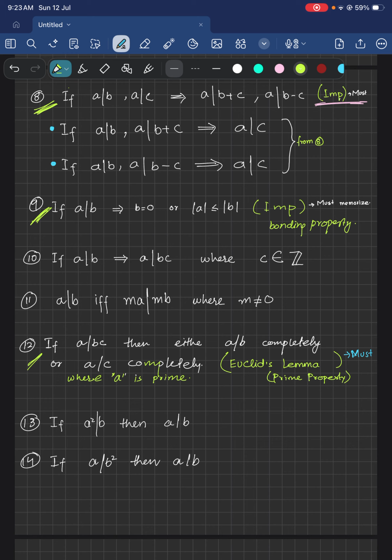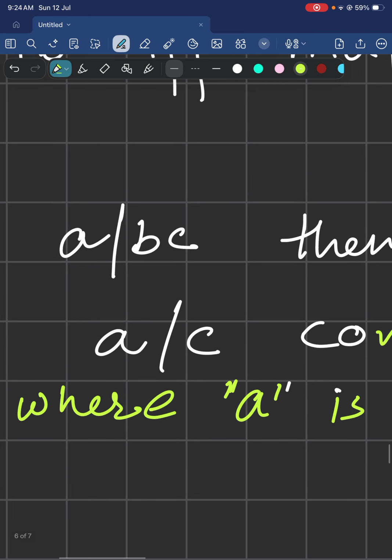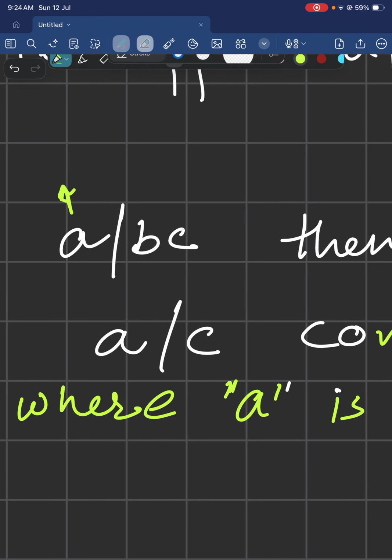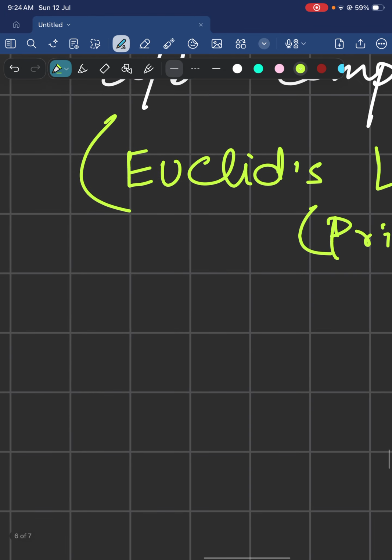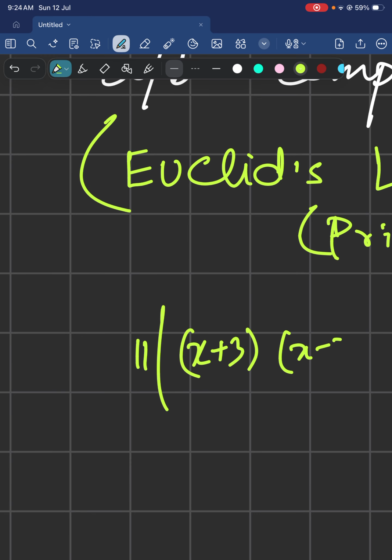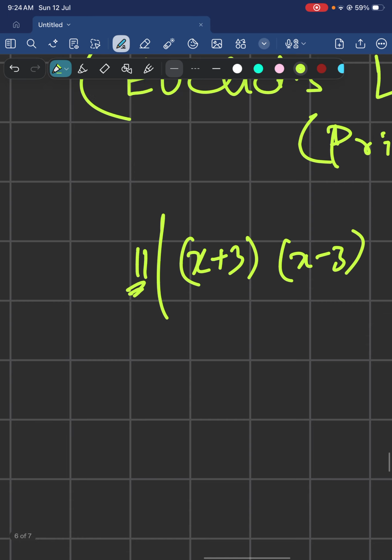Property number 12 says that if a divides bc, then either a divides b or a divides c. But note that there is a catch, which is that a must be prime. Okay, so if I am writing that 11 divides, let's just say, x plus 3 times x minus 3. 11 is prime, note this must be prime.